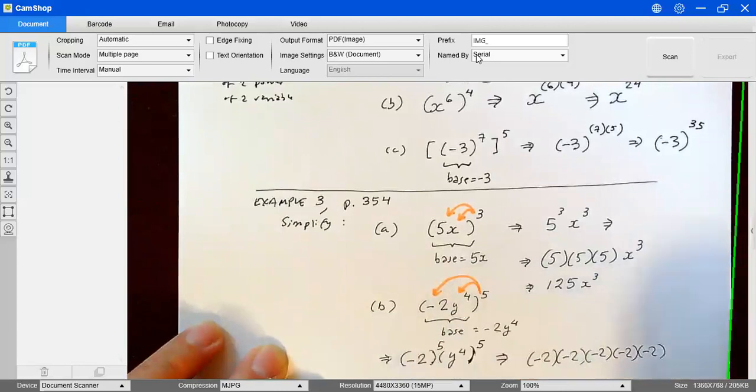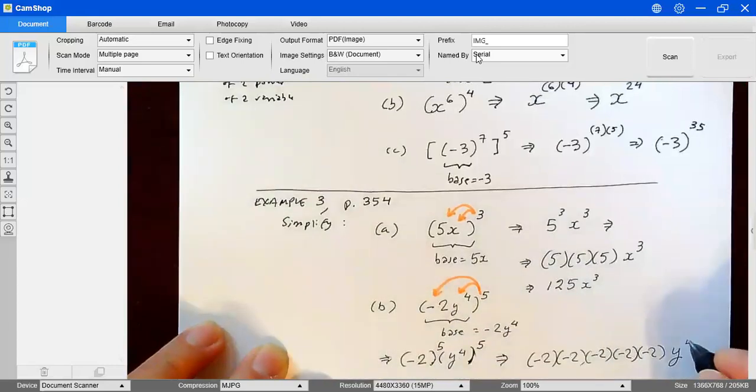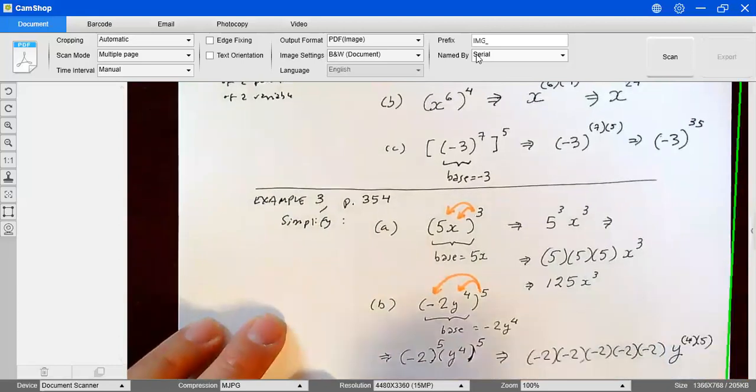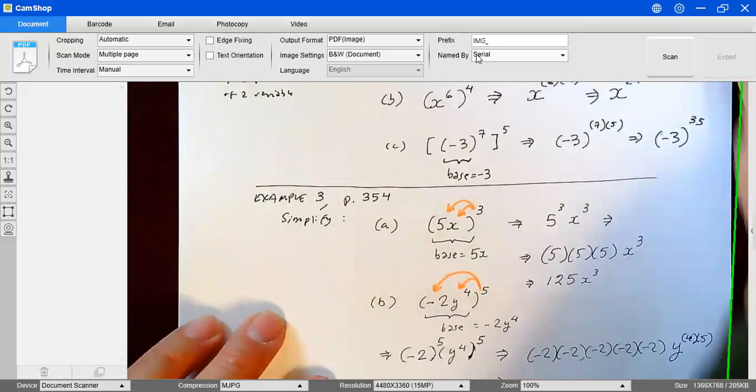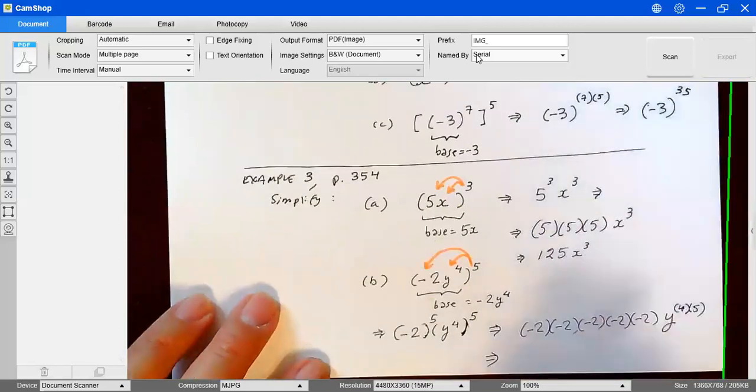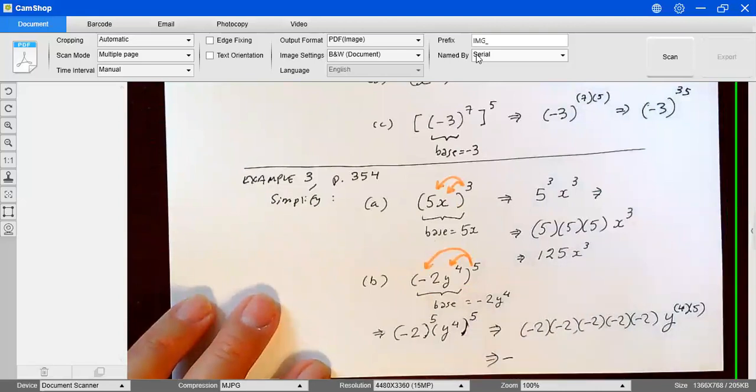Then y, and in this case this is a power of a power, so it is going to be 4 times 5. For the final answer, we have 1, 2, 3, 4, 5 negative factors. 5 negatives is an odd number of factors, so the answer is negative.